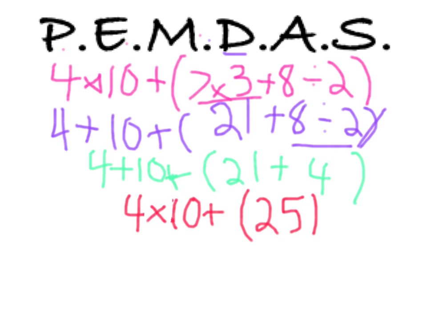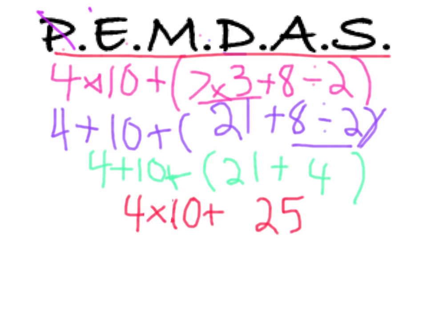Okay, but now, because there are no problems to solve in parentheses, we can get rid of them, making our equation 4 times 10 plus 25. Now we go back through our order of operations up here. We've finished parentheses.